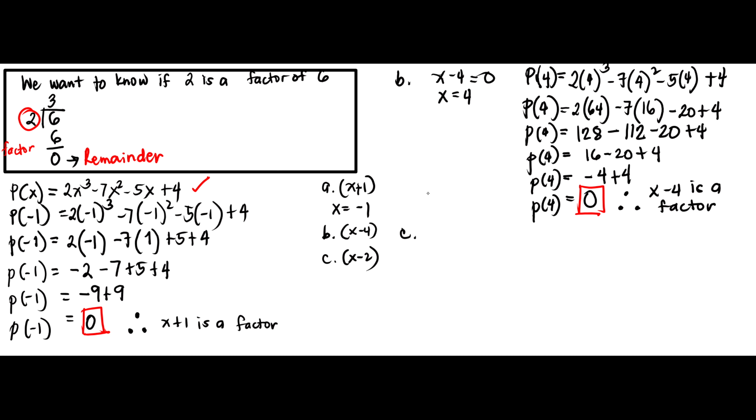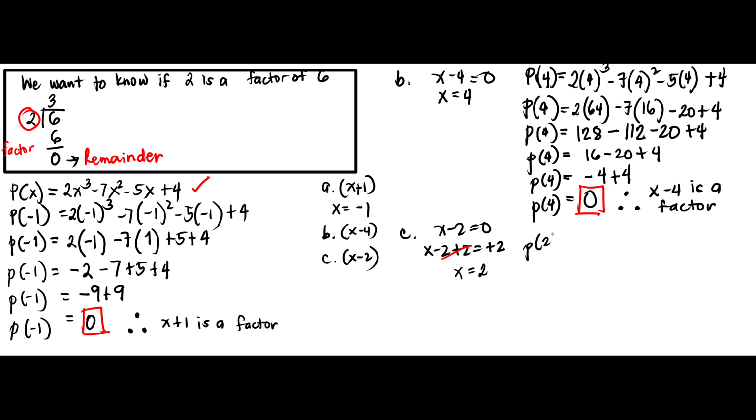Let's have letter C, si x minus 2. So, that's x minus 2 plus 2. Add both sides, positive 2. So, cancelled. Therefore, x is equal to positive 2.